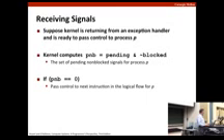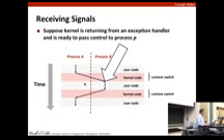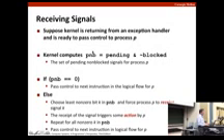Now if PNB is all zeros, then there are no pending signals, so it just passes control back to process B, which can continue executing. However, if PNB is non-zero, then it chooses the smallest non-zero bit in PNB, and it forces process P to receive the corresponding signal.